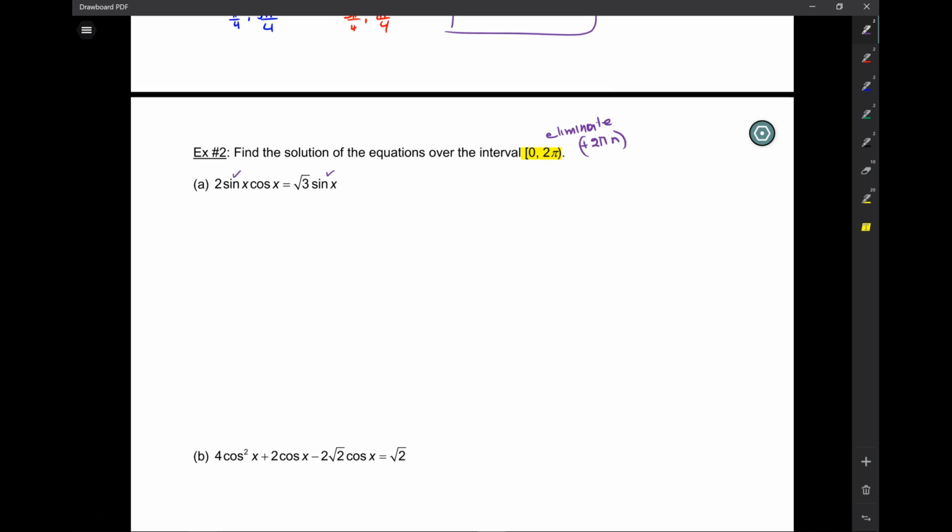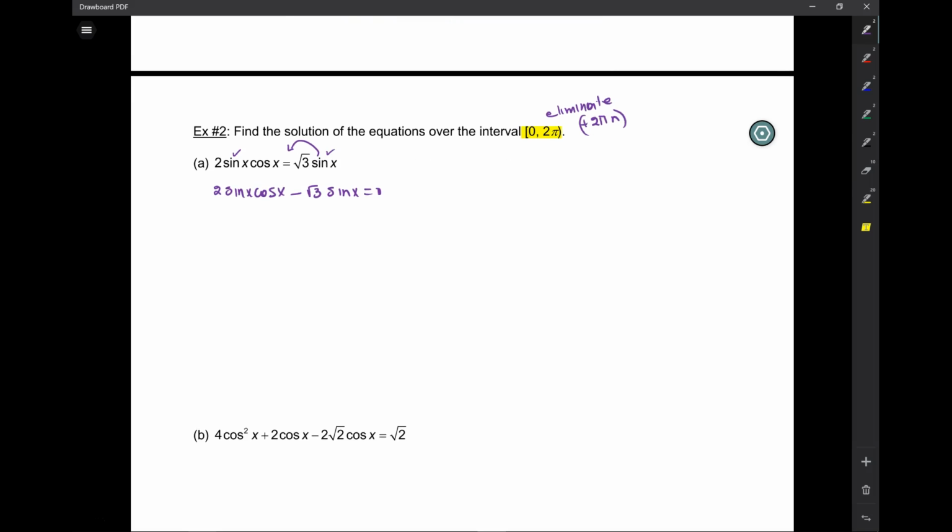So never divide. Dividing is like the first instinct that everybody gets. What we want to do instead is bring this term over here. So minus root 3 sine x is equal to 0.